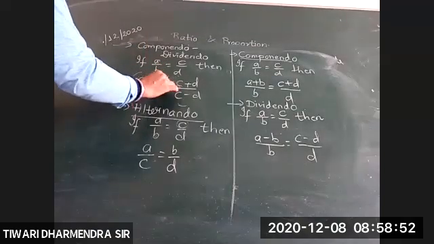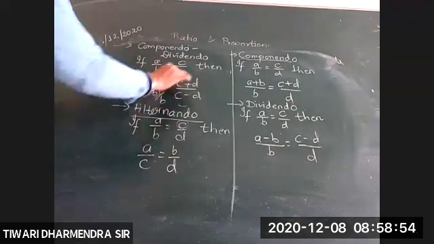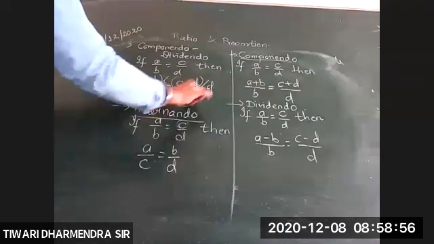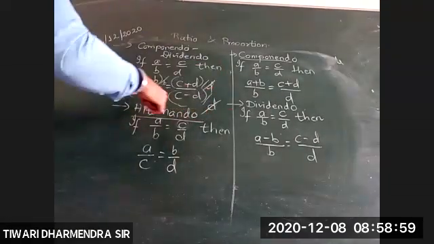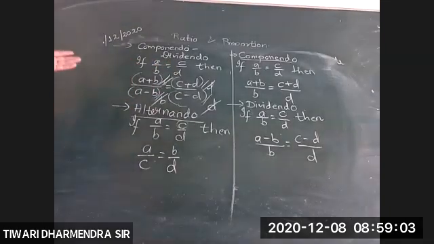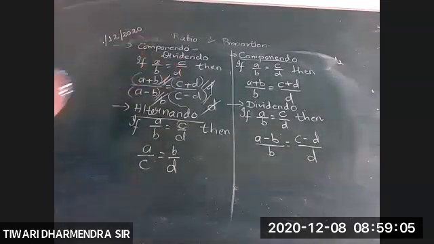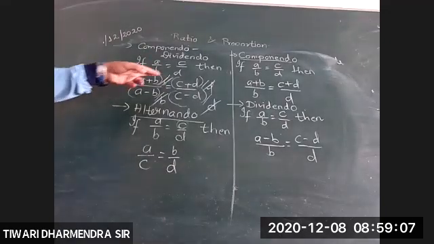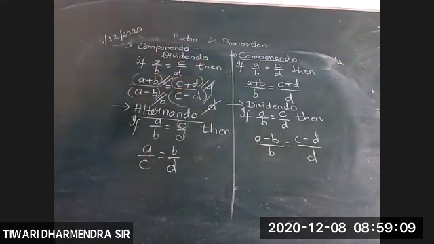A plus B by B, A minus B by B, C plus D by D, C minus D by D. The denominators get cancelled, as you can see. Now what remains? A plus B upon A minus B, C plus D upon C minus D. So these are the operations that we are going to use.